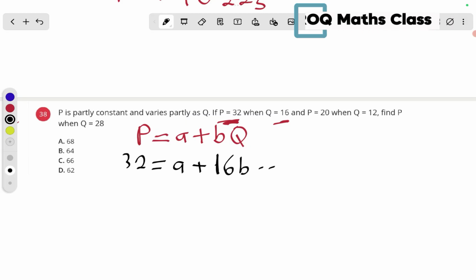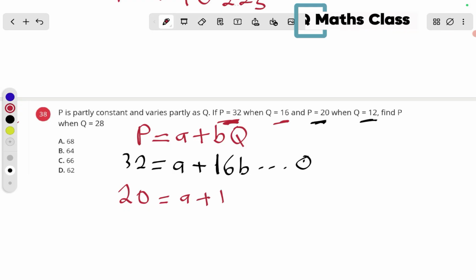Let me call this one equation 1. Then secondly, I'm going to substitute these values. Our P is now 20 equals A plus 12B. These are equation 2.